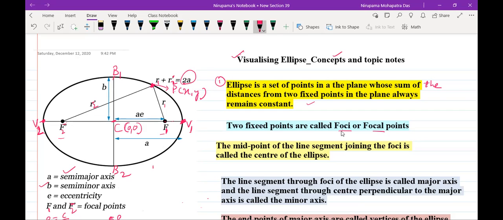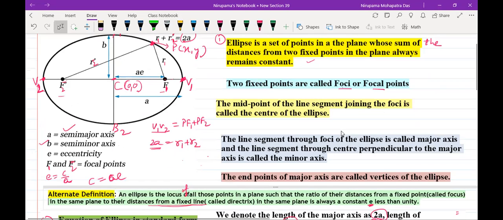What we have seen in GeoGebra is that V1V2 equals PF1 plus PF2, which we have taken as 2a. Here we are taking it as R1 plus R2. So the sum of the distances of P from two fixed points in the plane always remains constant, and that constant is equal to the length of the major axis. Clear?